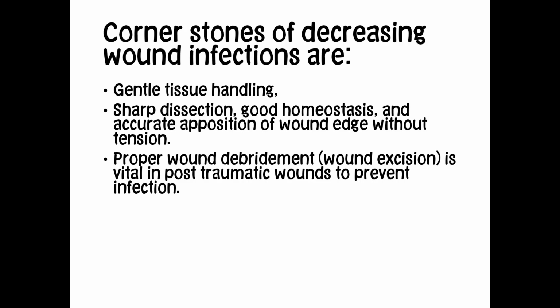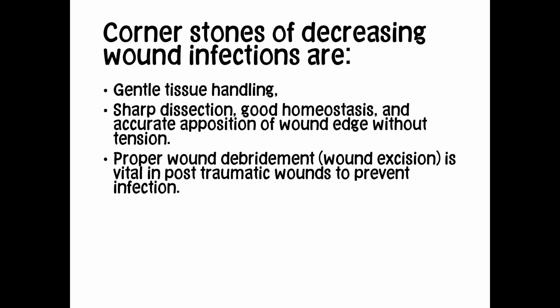The major cornerstones of decreasing wound infections include gentle tissue handling, that is majorly focused on preventing tissue damage and tissue crushing, especially during surgical procedures, as damaged tissue will act as a focus of infection post-operatively.